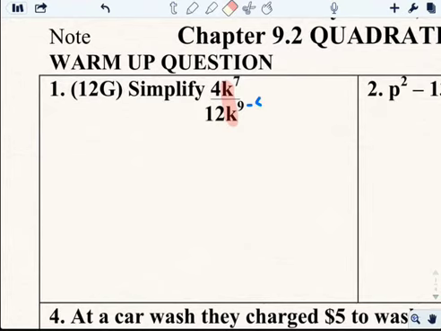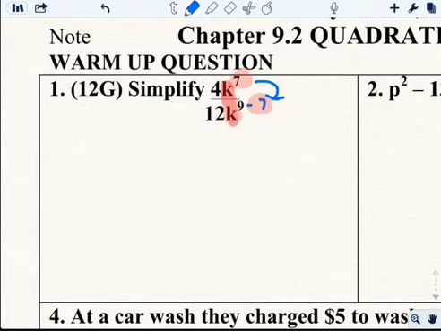Once you move exponents, the sign becomes its opposite. That was a positive 7, so it becomes a negative 7 when you move it down. You only do this when the bases are the same. These cannot be different. In this case, they're both k's.